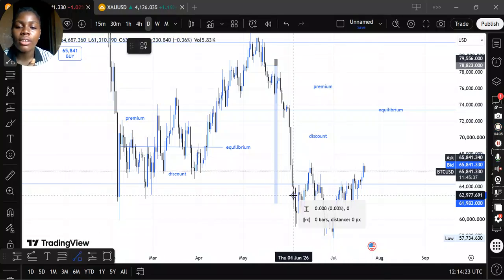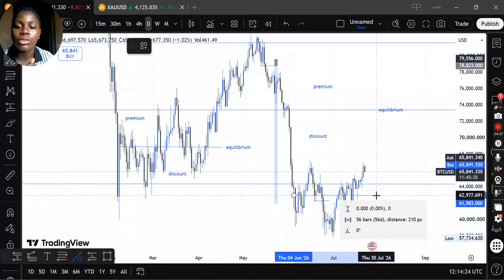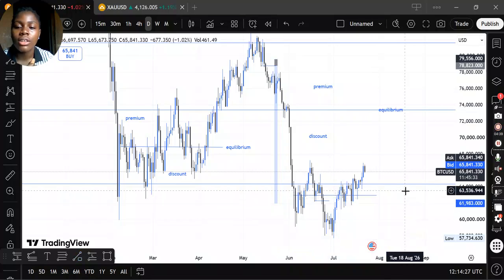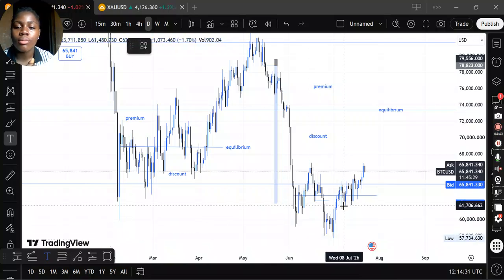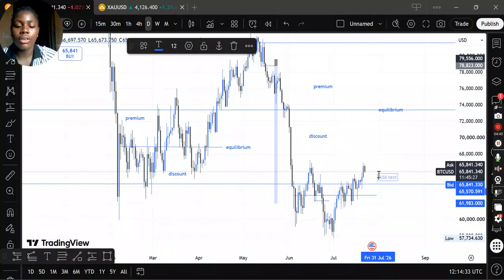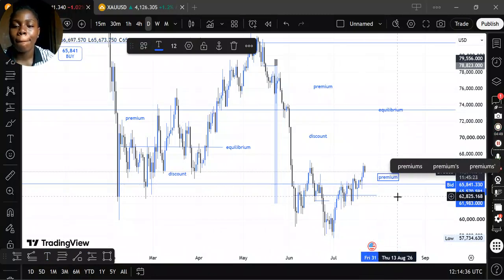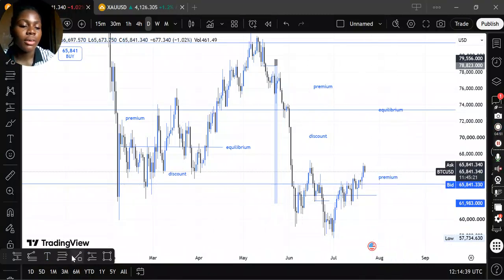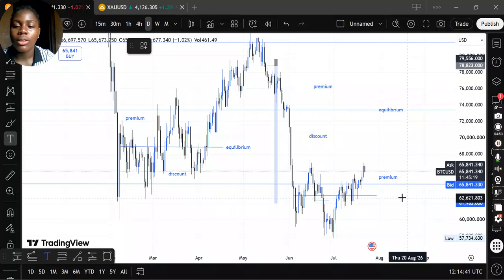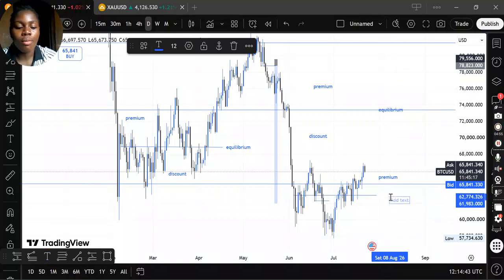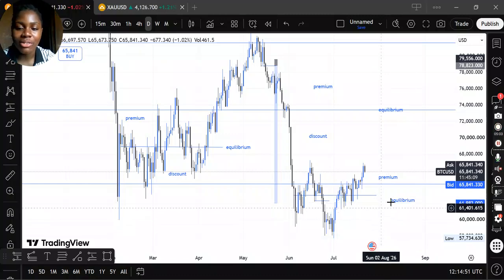Let's find the equilibrium, which is usually just into halves, and then up here we have the premium level, and then we have the equilibrium, I can't spell it, but you know what I'm trying to spell.